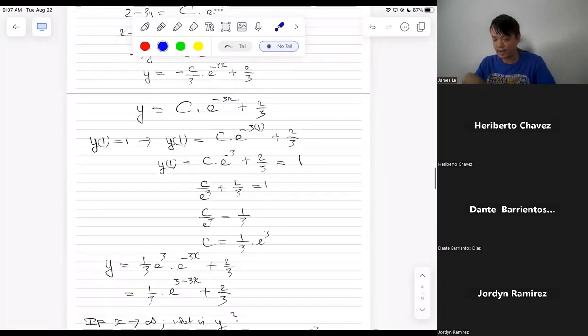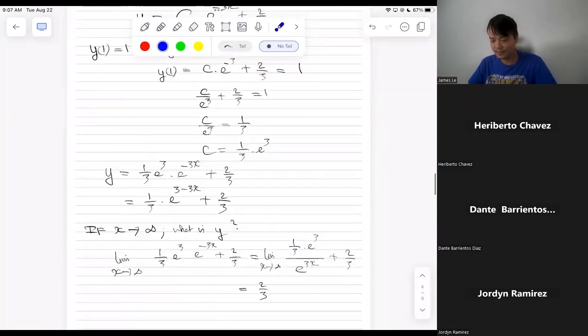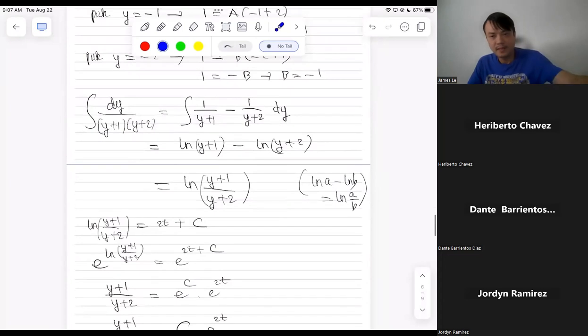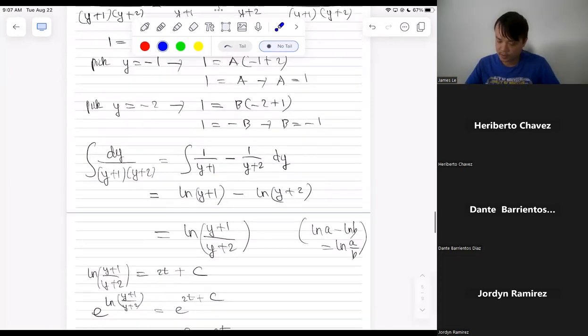Any question about everything for this problem? Any concern? Like I said from the beginning, to solve a differential equation, you just follow step by step. But the tricky part is you need to use your algebra skills, your solving skills.